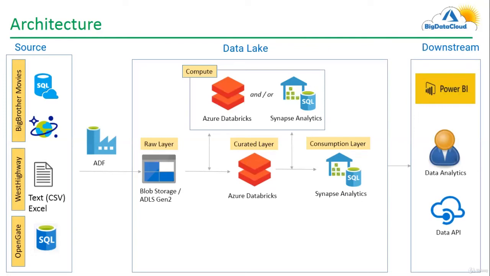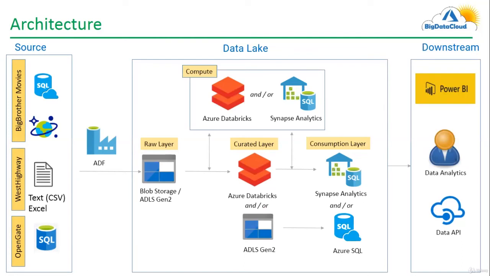So to make this happen, Azure Databricks or SQL Data Warehouse is used. Now note here that raw layer, curated layer, and consumption layer are storage. And on top of that, Azure Databricks and Synapse Analytics are used here as compute. So what is storage, what is compute? We are going to see in our Azure Data Factory session.